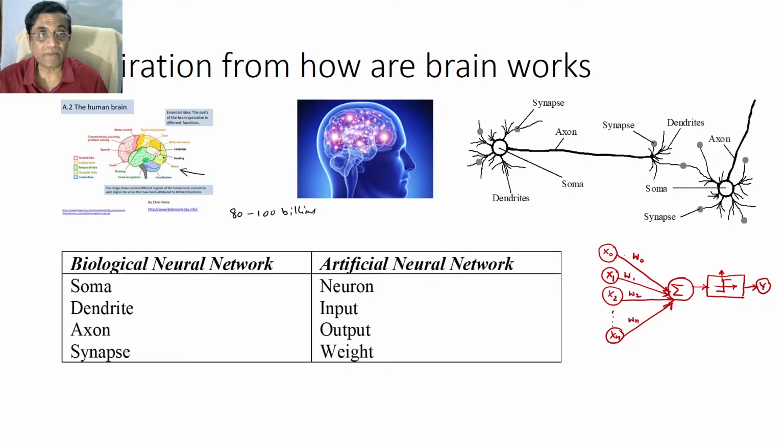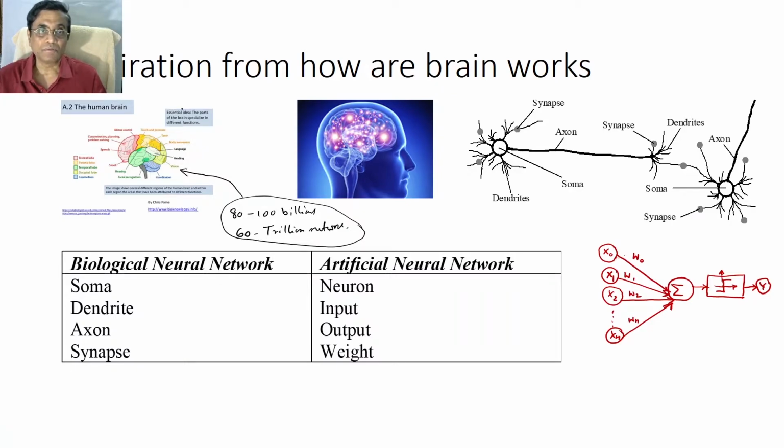Not only that, we have a tremendous network, some 60 trillion connections. So this is what is there in our brain, which learns many complicated things, gathering sensory information from the environment.